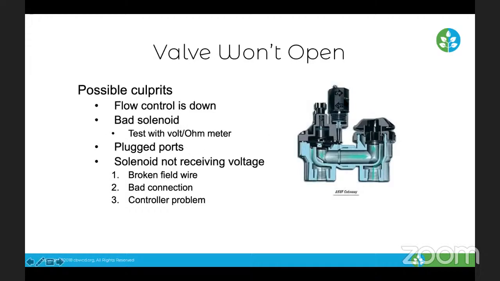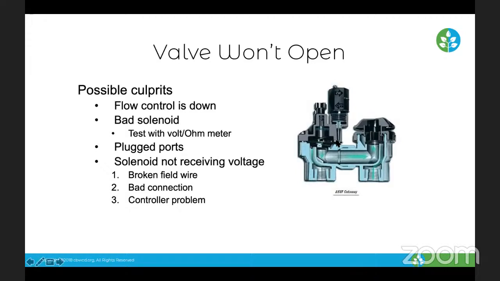The solenoid could be bad. This happens as well. We can test with a voltmeter to see if there's an issue with that, and we'll go over that. Or we can have plugged ports. Again, we talked a little bit about those ports. We have the port going through the diaphragm to the upper chamber of the bonnet, and then we have the other ports right here on the solenoid.